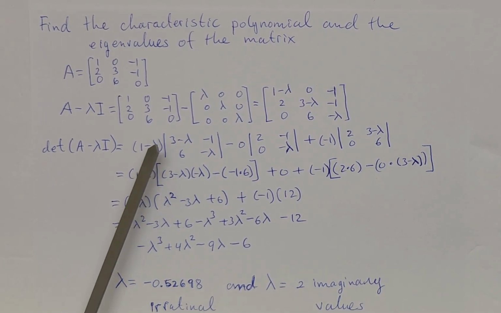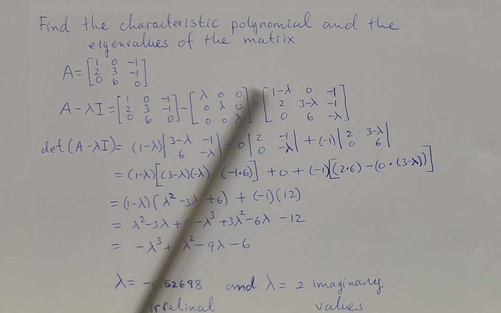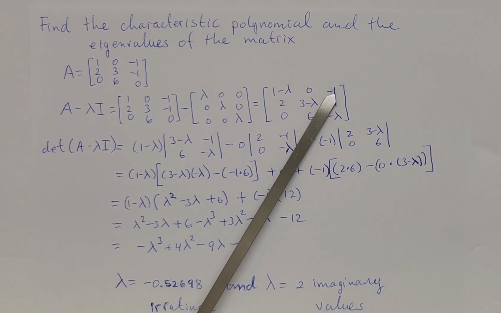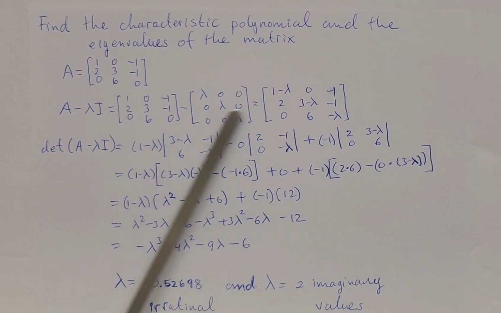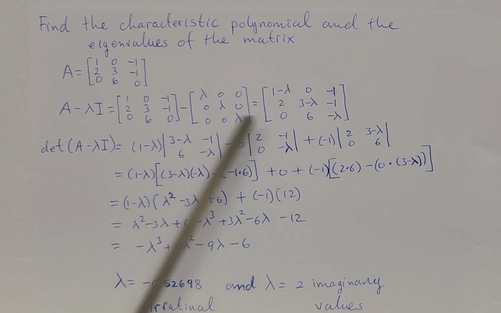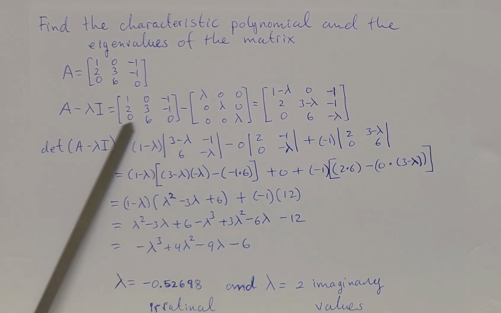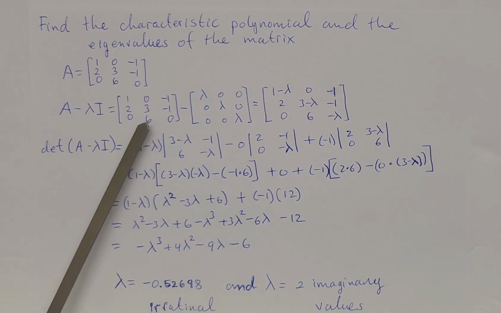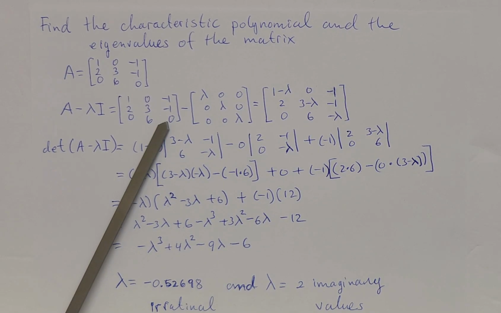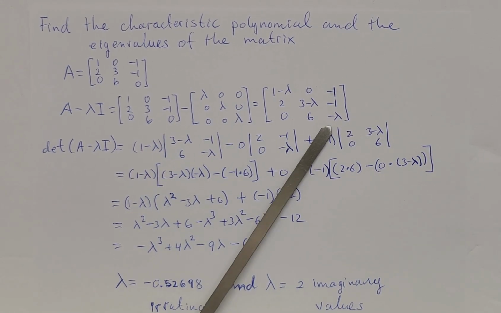After that, we just subtract across, so 1 subtract lambda, 0 subtract 0, negative 1 subtract 0, 2 subtract 0, 3 subtract 0, 3 subtract lambda, negative 1 subtract 0, 0 subtract 0, 6 subtract 0, and then 0 subtract lambda will be just negative lambda.